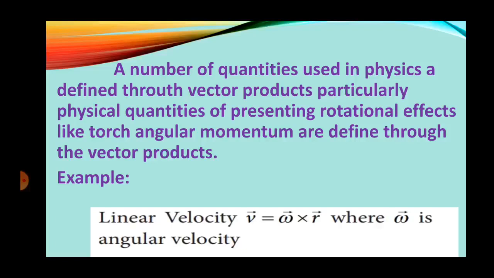I give one example; for other examples, refer to your book. Linear velocity v vector is equal to omega vector cross r vector. Omega vector is angular velocity, v vector is linear velocity, r vector is the position vector. We will discuss the next topic, position vector.